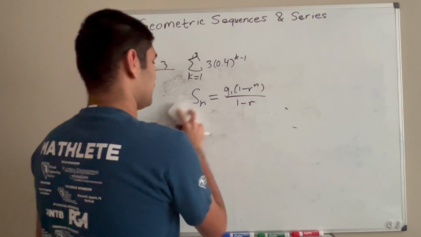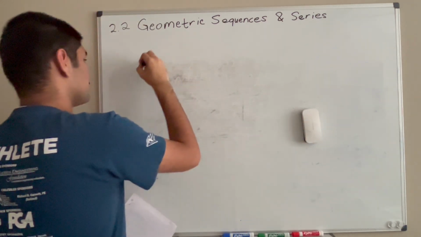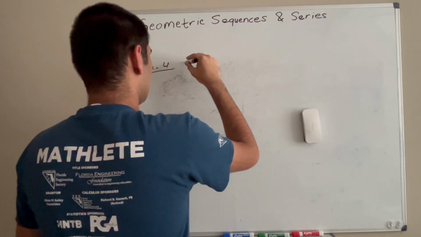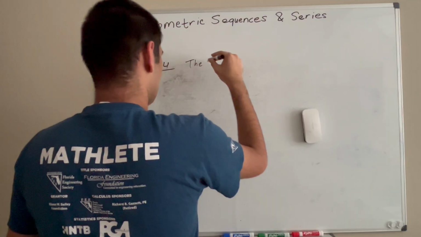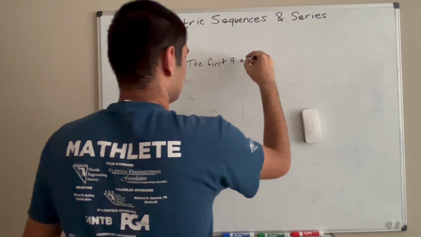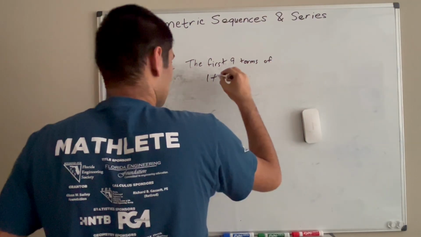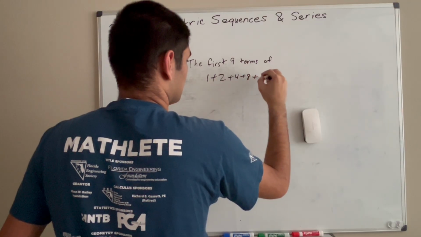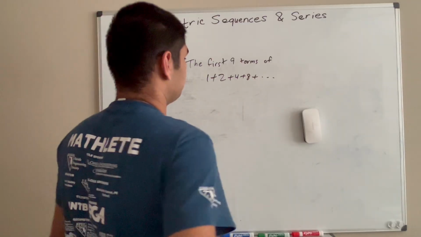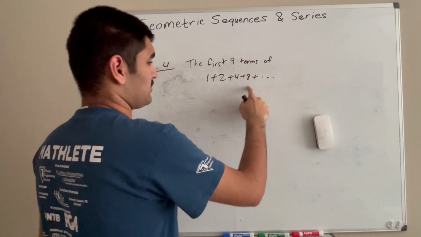Let's do another one. Let's say we want to find the first 9 terms of 1 plus 2 plus 4 plus 8 and so on. This one is geometric, because each time to get the next term you multiply by 2.